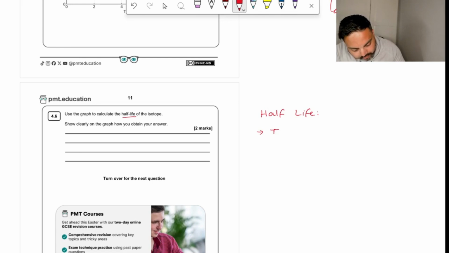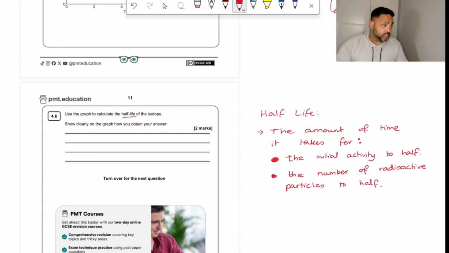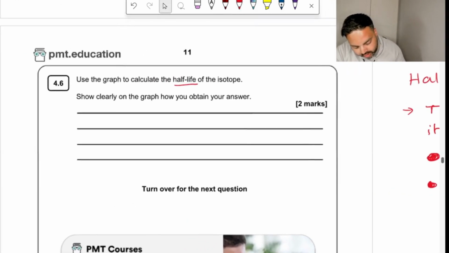Half-life is the amount of time it takes for, and choose whichever one you feel more comfortable with, the initial activity to half, or the other one you can give is the number of radioactive particles to half.